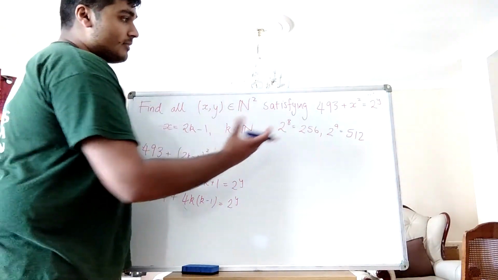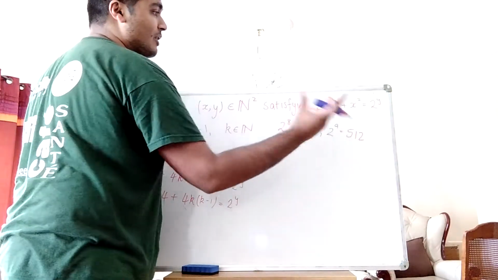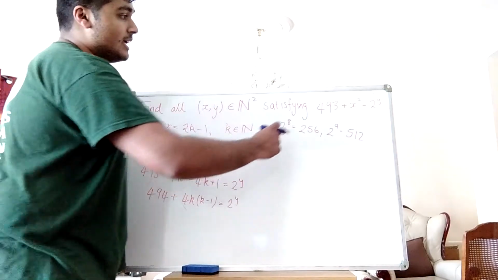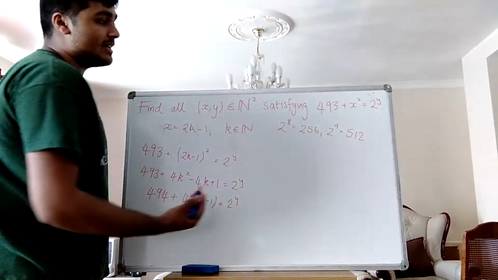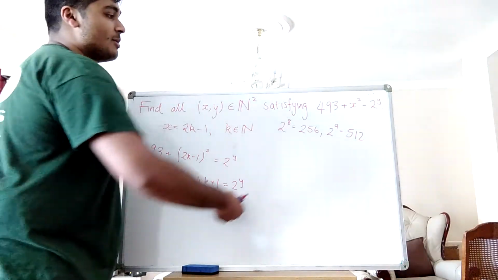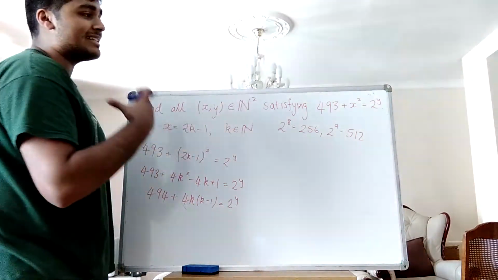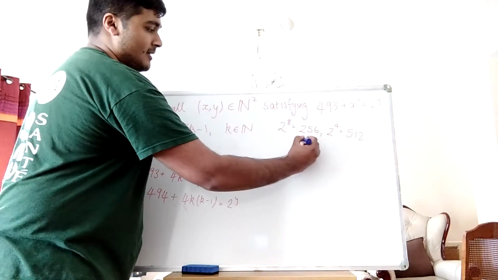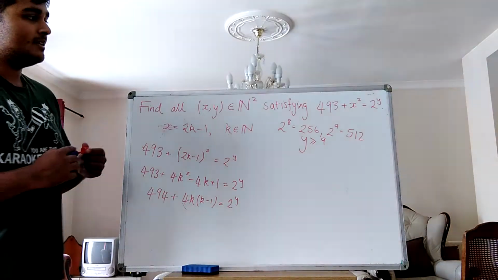So 2 to the y is at least 494, but because it's a power of 2, it must be at least 512, which means that y is at least 9.